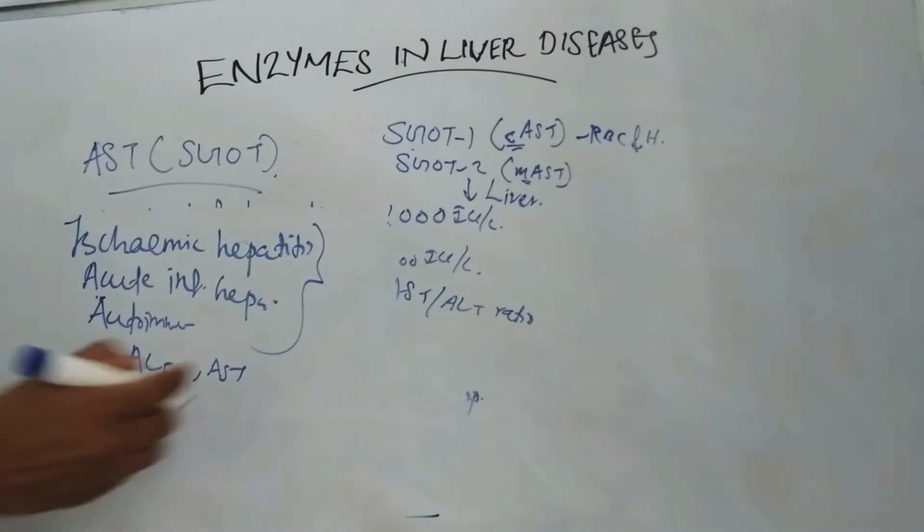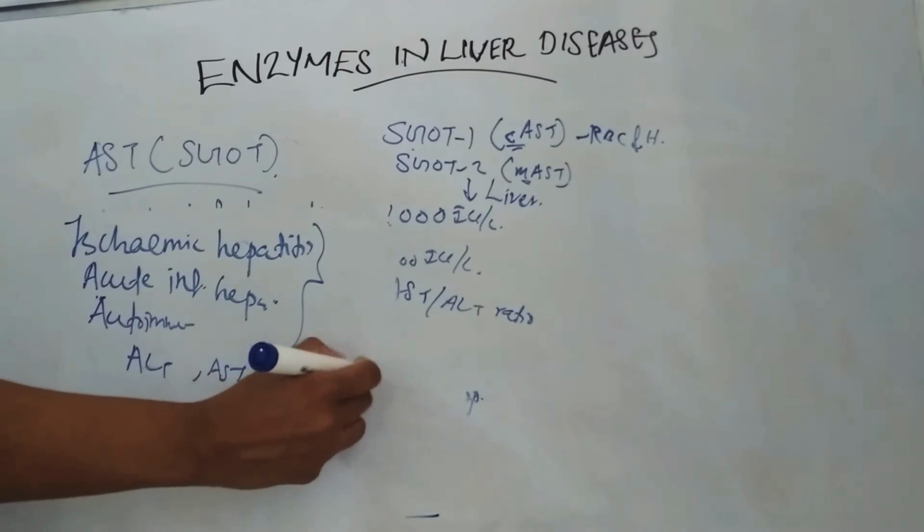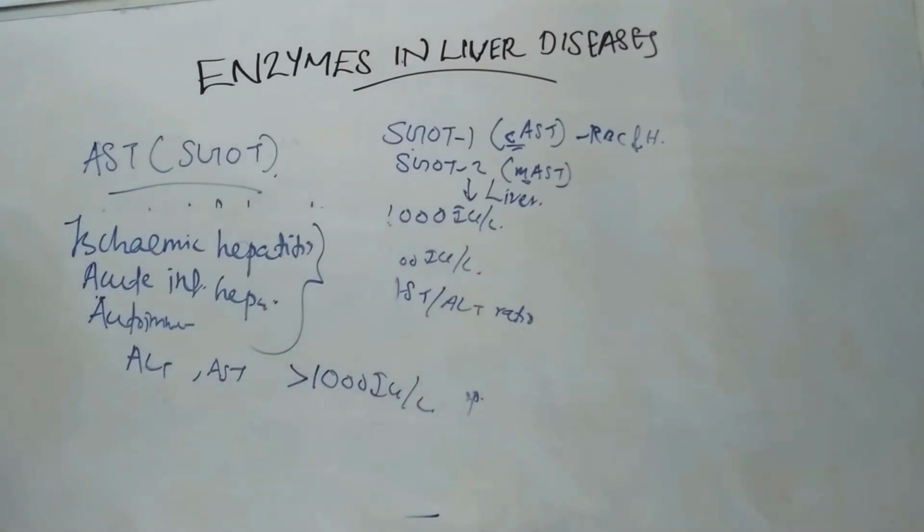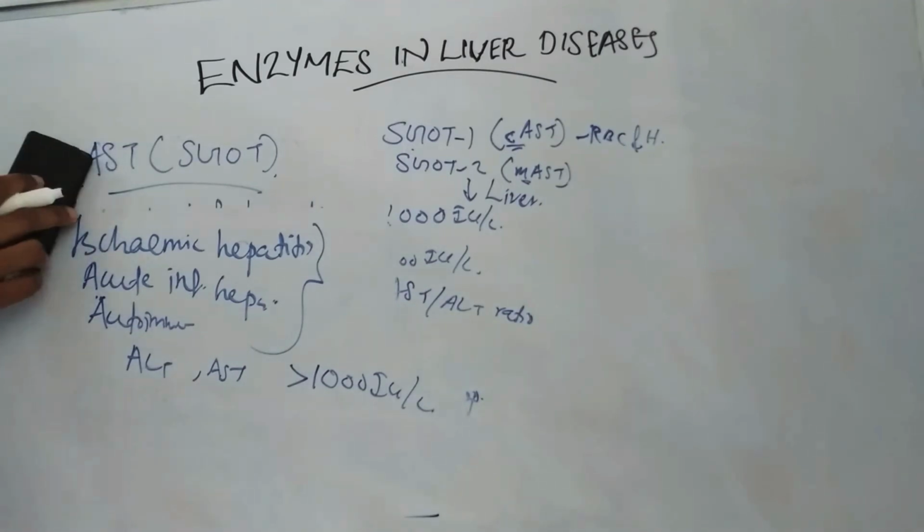That will be greater than 1000 IU per liter. So that is AST.